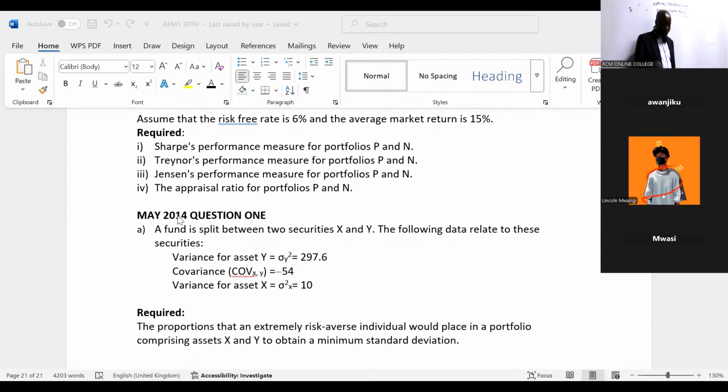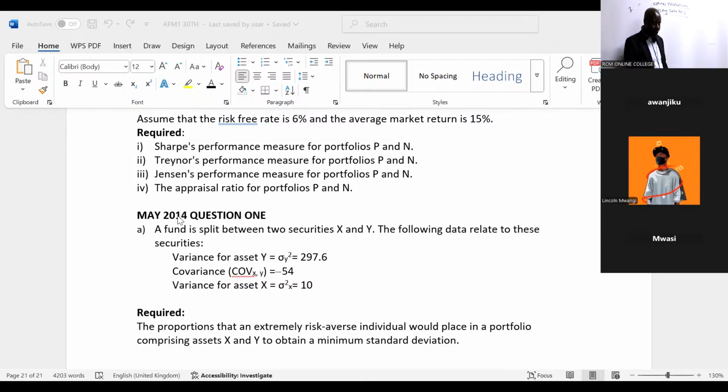Then I'll define what these optimal proportions are.